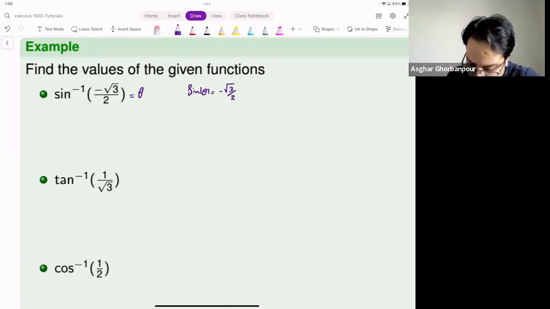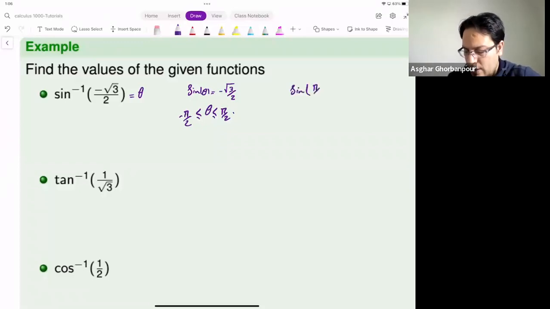But I have to make sure that this theta is in the one-to-one domain of sine. And in this case, what is the angle whose sine is root 3 over 2? I know that sine of pi over 3 is root 3 over 2. We know this. This is a special angle, yes?